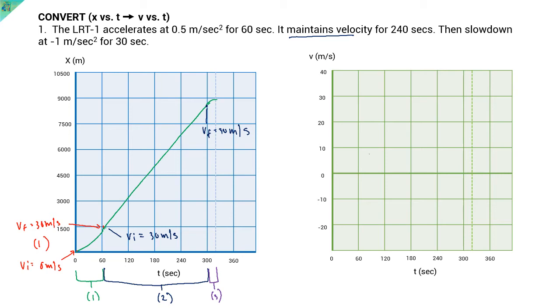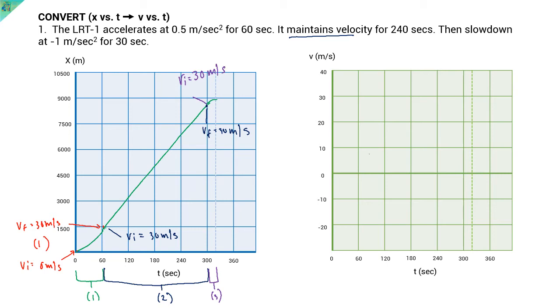For our last situation here, our initial velocity would be, of course, the end velocity of its previous situation, which is 30 meters per second also. Let me write it down. 30 meters per second.